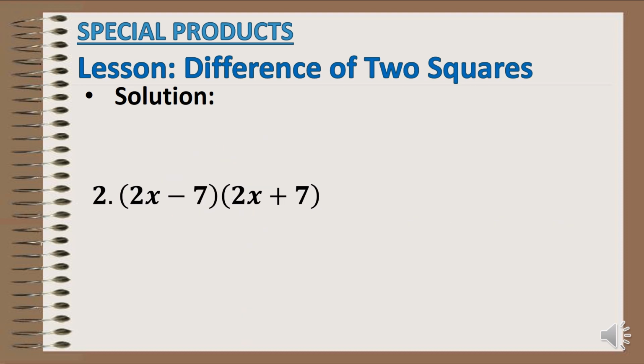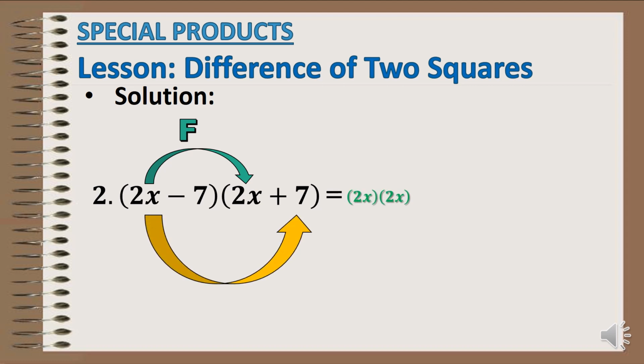For our next example, we are to multiply the quantity of 2x minus 7 times 2x plus 7. First, we will multiply our first terms, 2x times 2x. Next, our outer terms, plus 2x times 7.